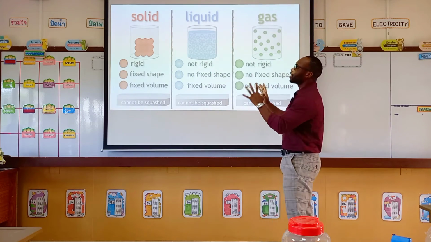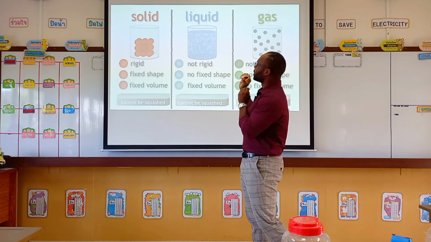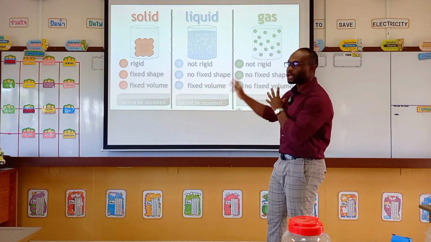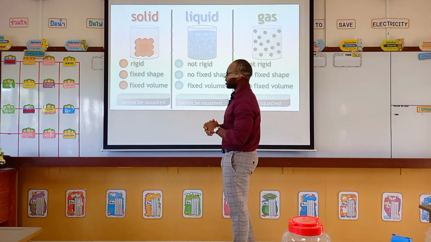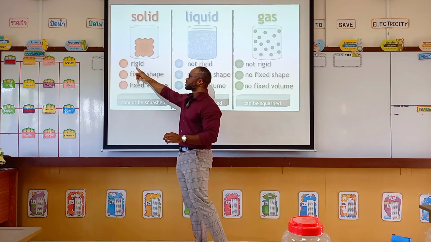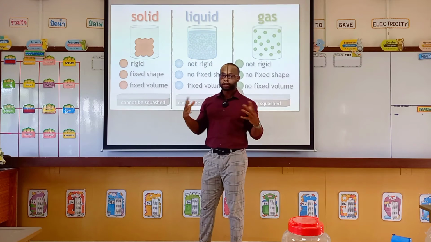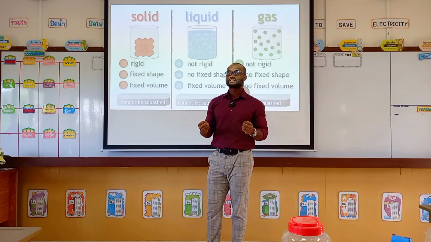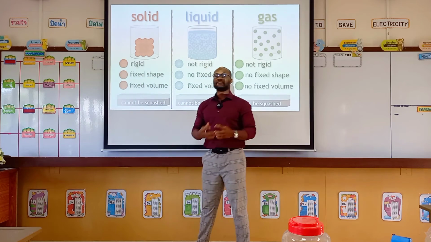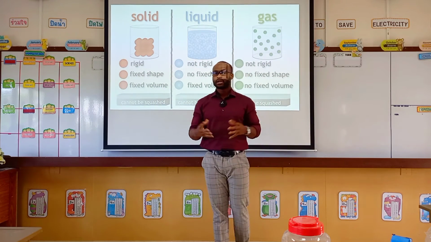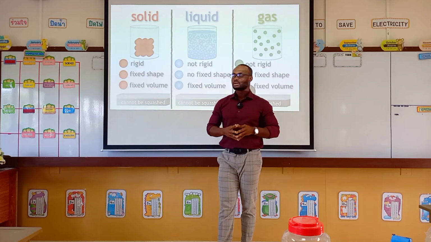So here are the characteristics of solid, liquid, and gas, okay? Like I already mentioned earlier, solid is rigid, meaning it doesn't move. It is fixed. Number two, fixed shape. It doesn't move, the shape remains fixed, okay?